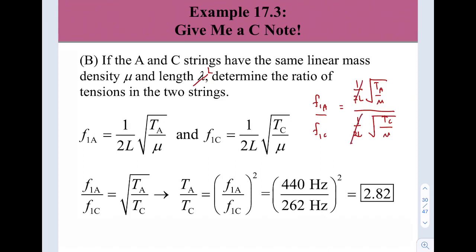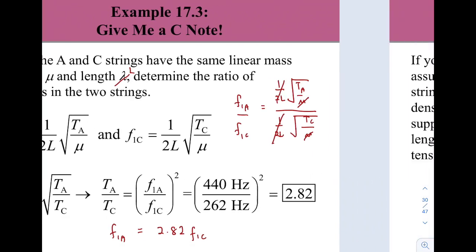If you see here, you can cancel out this part and also this part, so you are only left with the square root of T A over T C. Rearranging the equation, you will figure out the answer is 2.82. In other words, f 1 A is equivalent to 2.82 f 1 C.